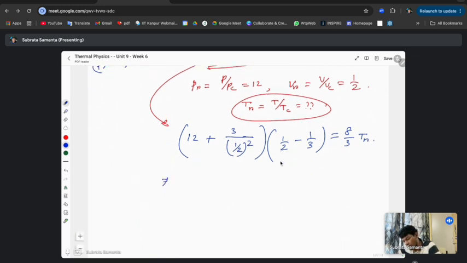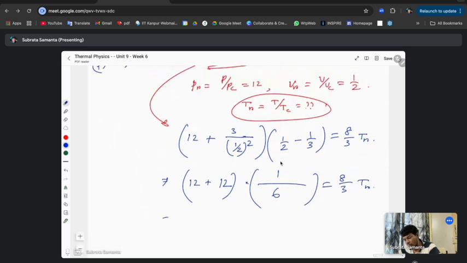Then this is basically 12 plus 12, times 1 over 6, equals 8 over 3 TR.